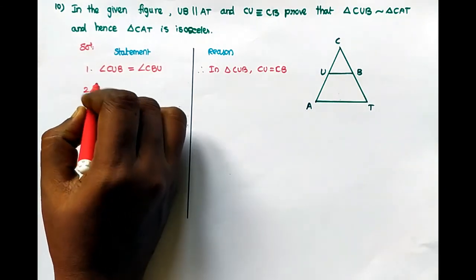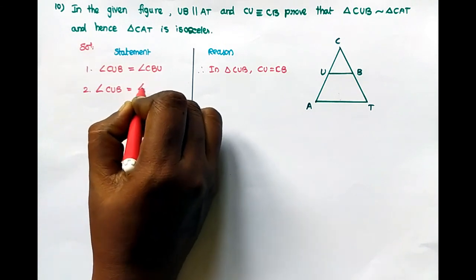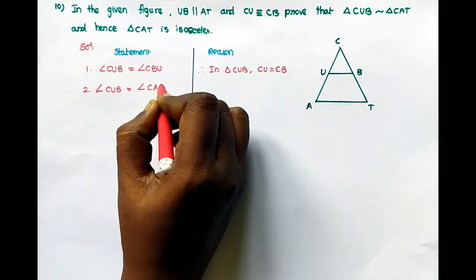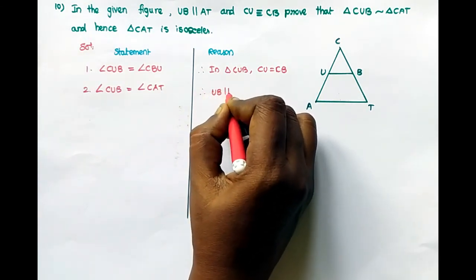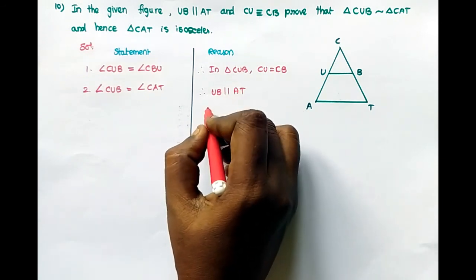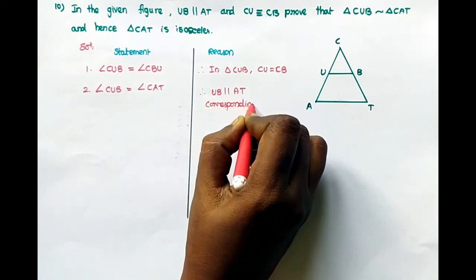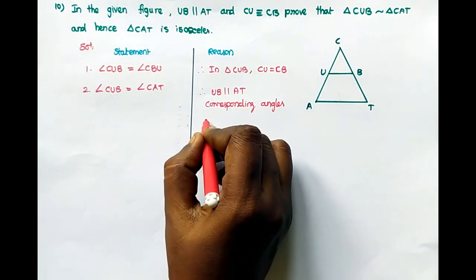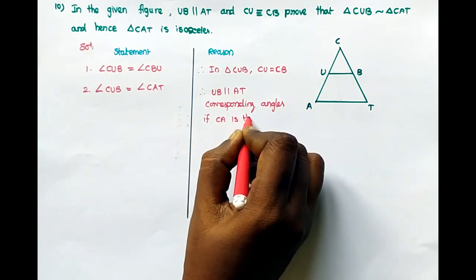Next, angle CUB is equal to angle CAT. Here UB is parallel to AT, that is corresponding angles, if CA is the transversal.